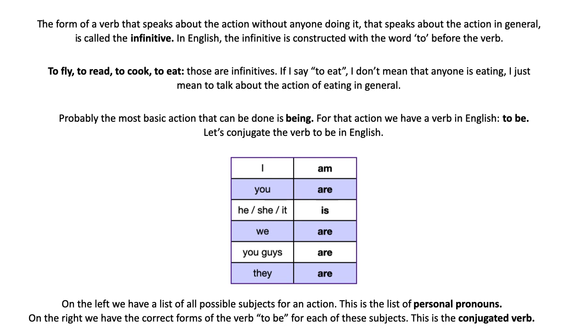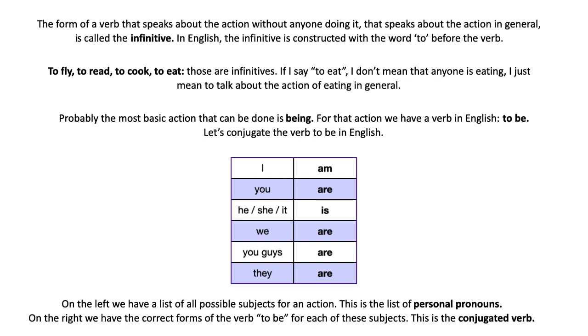And then are for all the rest, right? So even with this verb that changes a lot, English does not change as much as other languages, but still, you have several forms of the verb, and you have to use the correct one for the subject, right? That is conjugating a verb, okay?